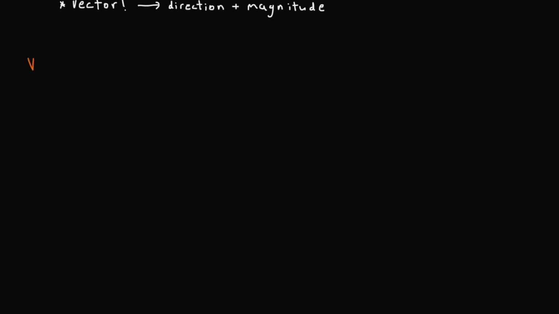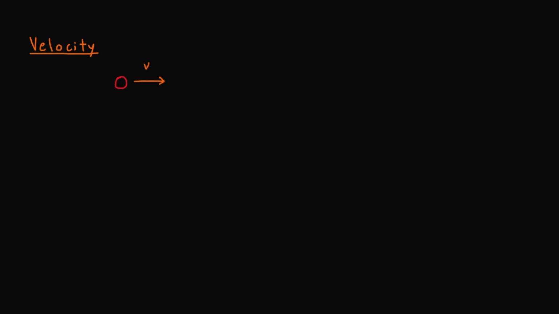And now taking a look at velocity. Velocity is of course physically defined by the change in position of a particle over time. So let's say we have another particle here and it has velocity v, and this is position 1 and position 2 at times t1 and t2.